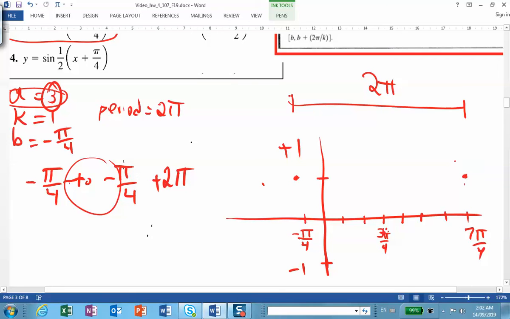So, this is the midpoint, by the way. This is the midpoint, right? So, when you do that, it goes like this. Right there. Okay? This curve, this red one, is cosine of x plus pi over 4.